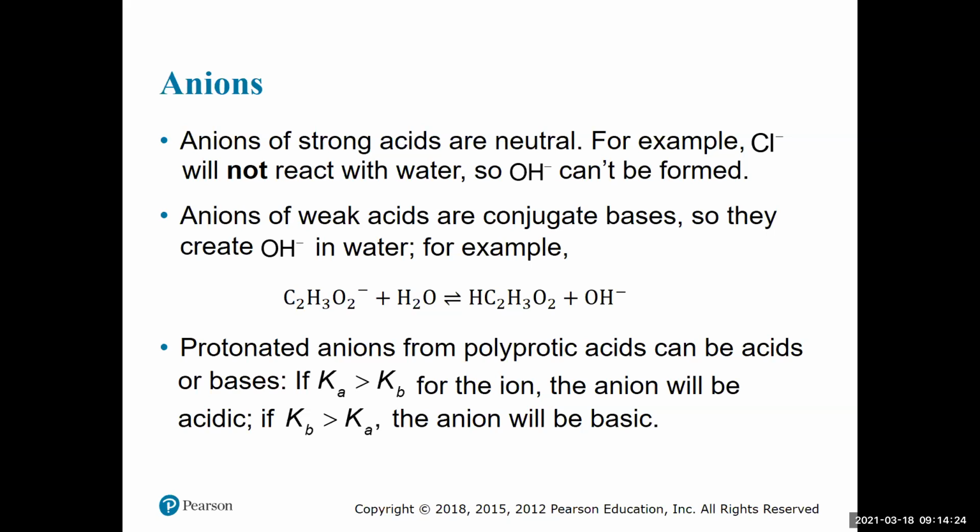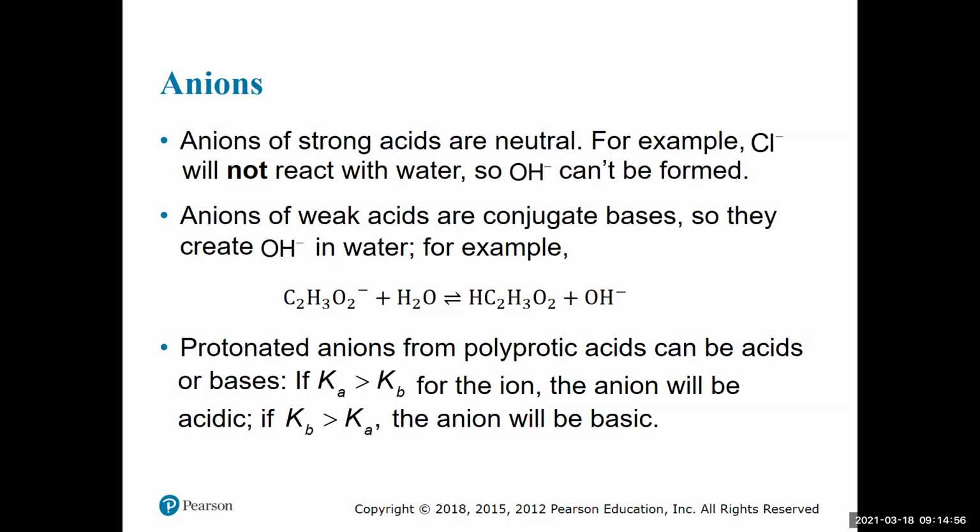It picks up a proton from some of the water, and then you wind up forming some OH. Now, this is a weak base, right? So to understand how much hydroxide is going to form, it's not going to be a ton. It's not going to be a huge amount because it's a weak base, but there will be some formed. And we'll see some examples in a little bit about what that does.